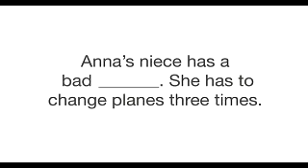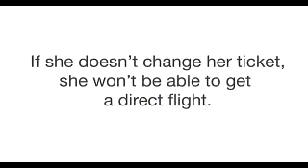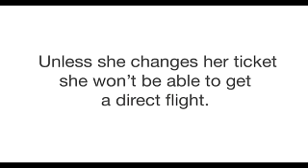Can you remember a word which might fit in here? Excellent! The word we're looking for is itinerary. Anna's niece has a bad itinerary. And how can I rephrase this sentence so it uses the word unless? If she doesn't change her ticket, she won't be able to get a direct flight. We could say, unless she changes her ticket, she won't be able to get a direct flight.